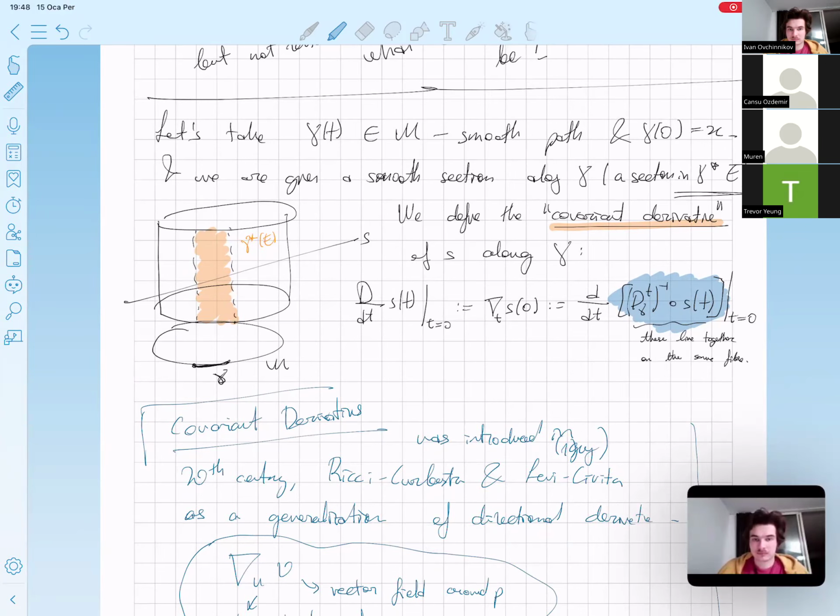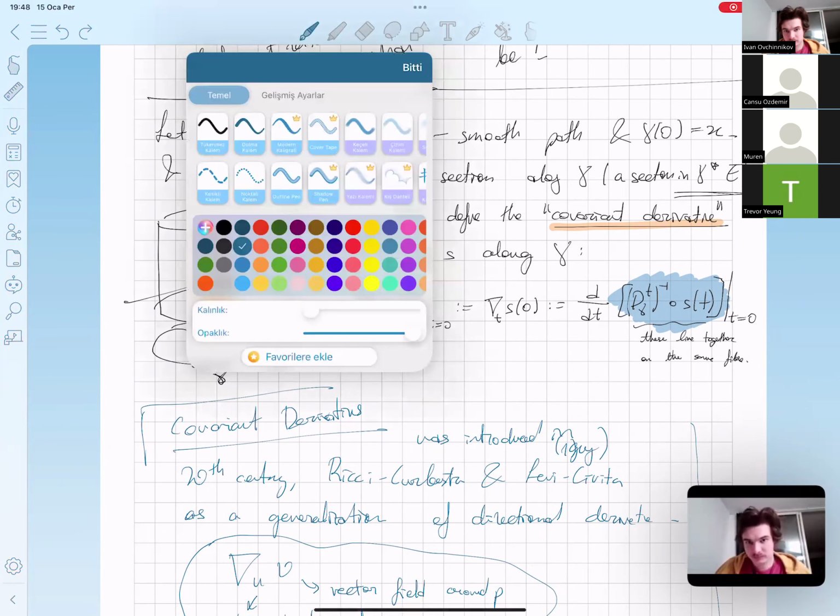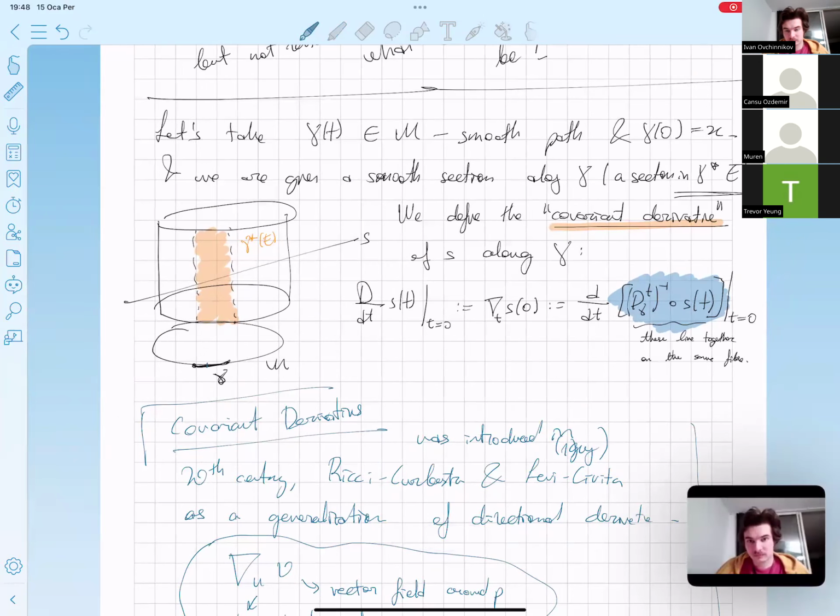S of t is just, so on the gamma there are t's, right? So it's parameterized, and we took a section of the preimage of this gamma row. So you can say that, okay, so at t, this is here, and maybe it'll be here on the section. So this point is S of t. So that's what's meant with that.